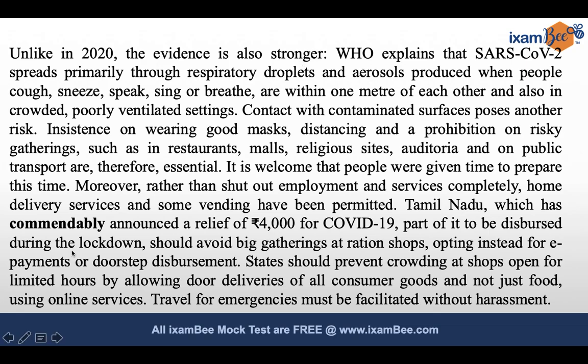Here, remember about transmission, the question about transmission? Yes? See? Spreads primarily through respiratory droplets and aerosols produced when people cough, sneeze, speak, sing, or breathe, and are within 1 meter of each other and also in crowded, poorly ventilated settings.